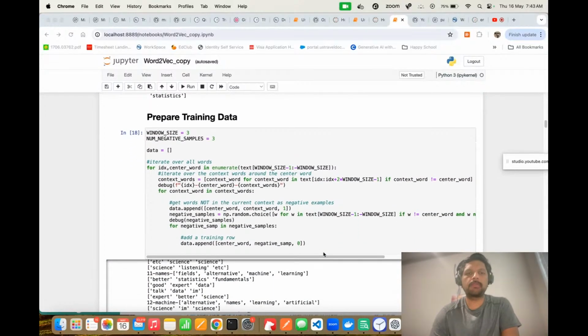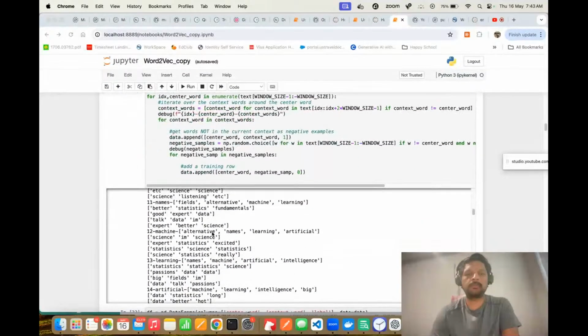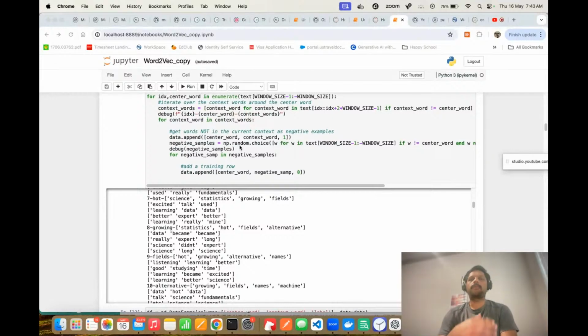How did he pick negative samples? From the whole text, randomly he's picking 3 samples, but making sure those 3 samples are not part of either the center word or the context words.